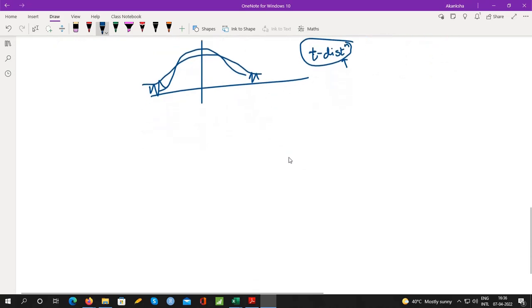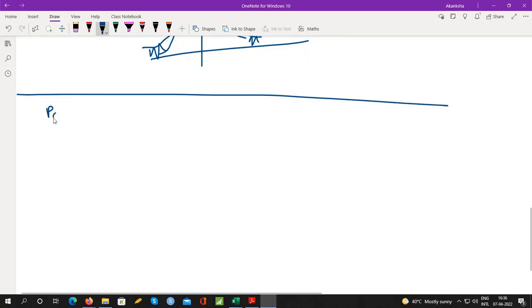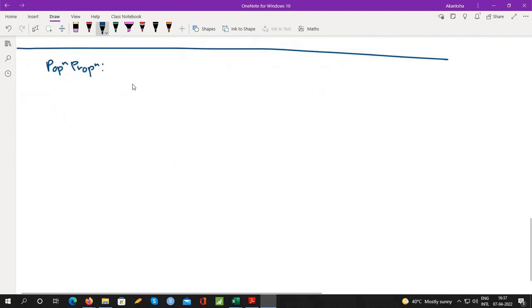But similarly, I can give a confidence interval for population proportion. Sometimes we are interested in estimating population proportion, for example the proportion of people who have been vaccinated, and so on. So how do we estimate proportion?